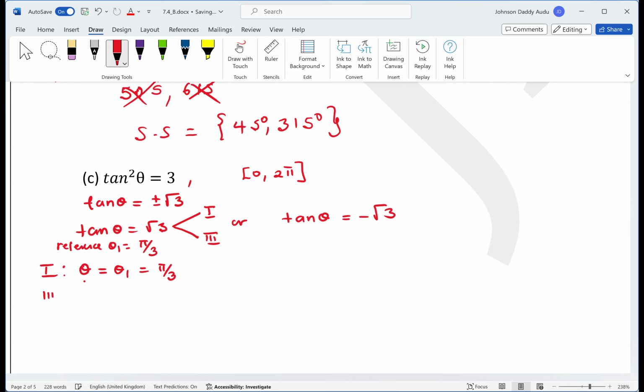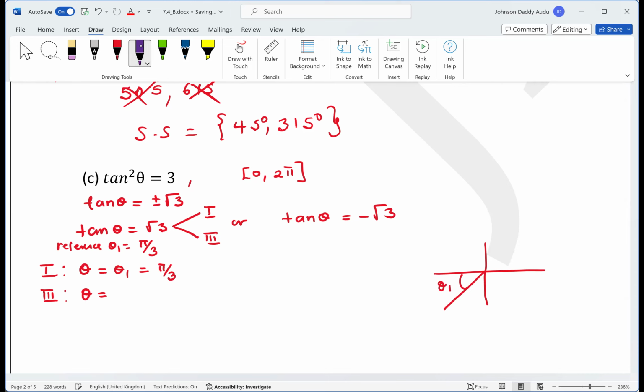And if you are in the third quadrant, how do you find theta? The standard theta in the third quadrant, let me draw it here. So in the third quadrant, your reference angle is this one, so this is theta 1.